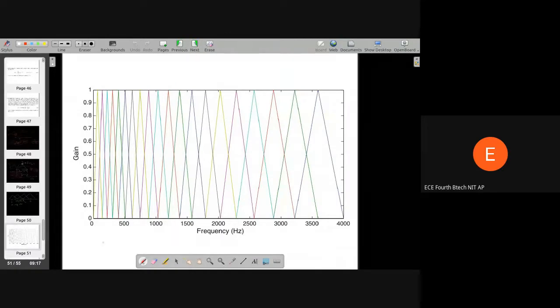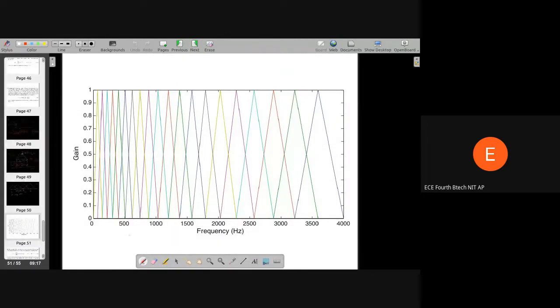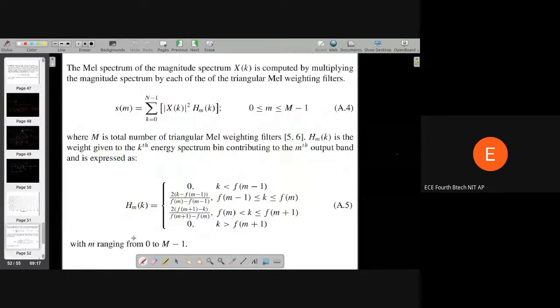Yesterday we were talking about how the triangular filter can be expressed in mathematical form. It's an easy thing, but if you still want, I will revisit it. So let's put it here.